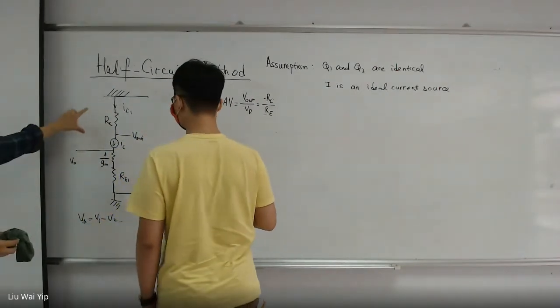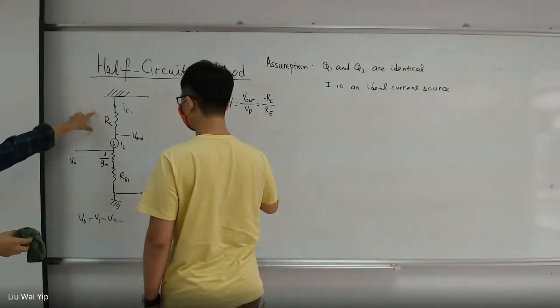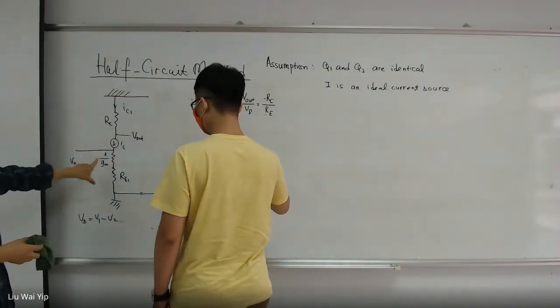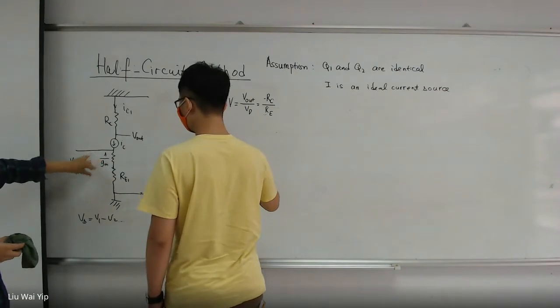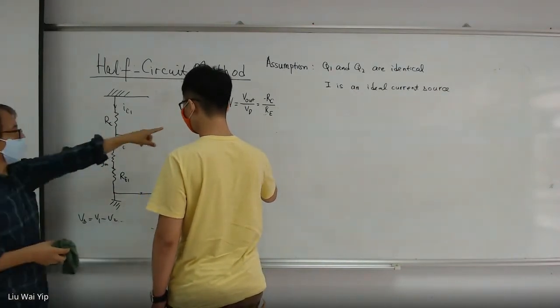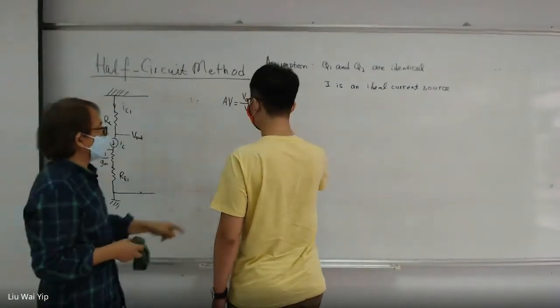You can use the upper charge resistance, which is RC. But the lower charge resistance is what? These two added together, yeah? So change it. 1 over gm.